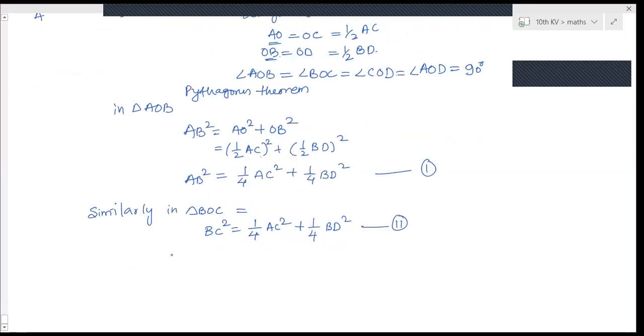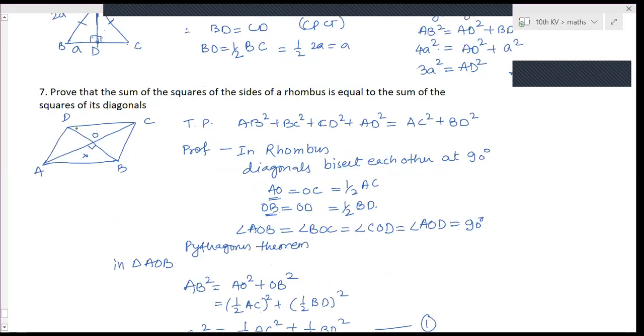Another triangle now, triangle COD. No need to show every step here. CD square is equal to 1/4 of AC square plus 1/4 of BD square, because here also the same thing will work out. In triangle COD, CD square is equal to OD square plus OC square. OD you can write as half of BD, and OC you can write as half of AC.